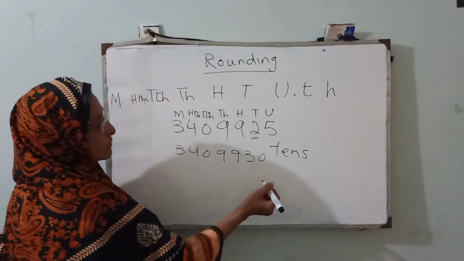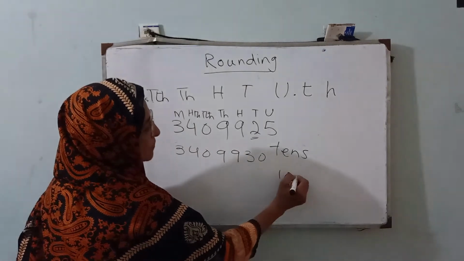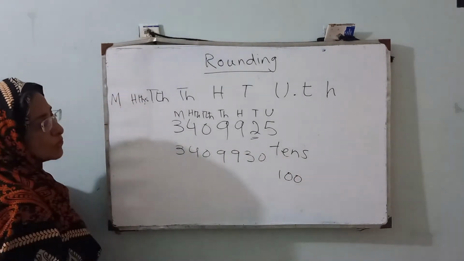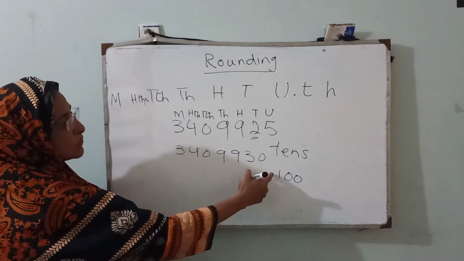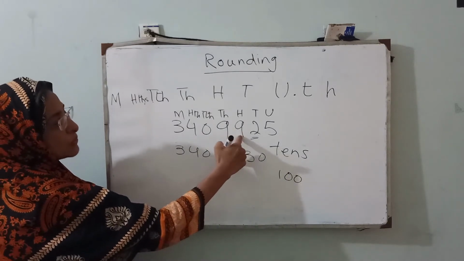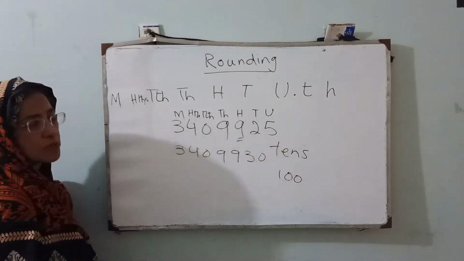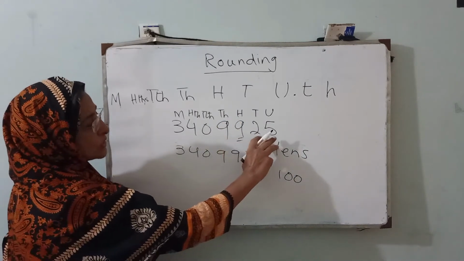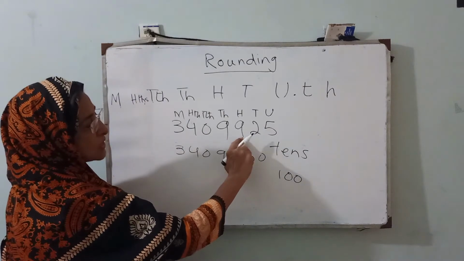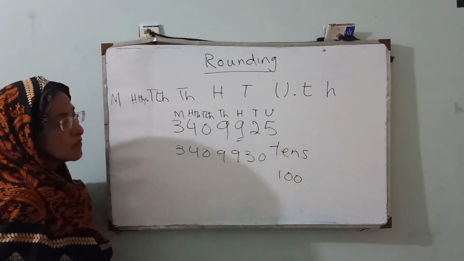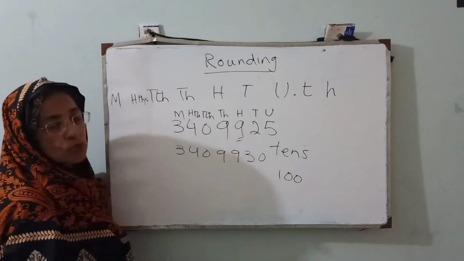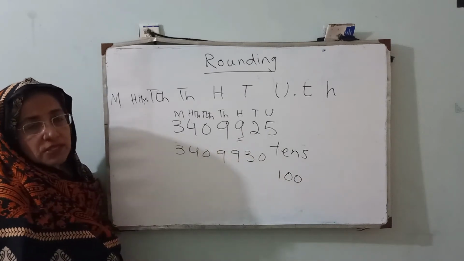If I want to round this number to the nearest hundreds, I am going to see this number 9 is at the hundreds place. I am not going to see 25, but I am going to see the number next to it, which is 2. And 2, as you know, is less than 5.